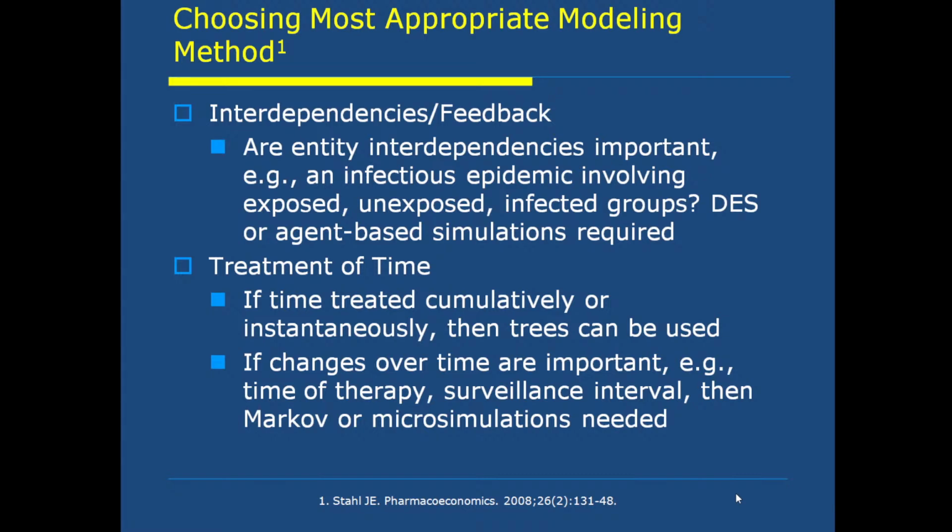Treatment of time. If time is treated cumulatively or instantaneously, then trees can be used. If changes over time are important, such as time of therapy or surveillance interval, then Markov models or microsimulations are needed.